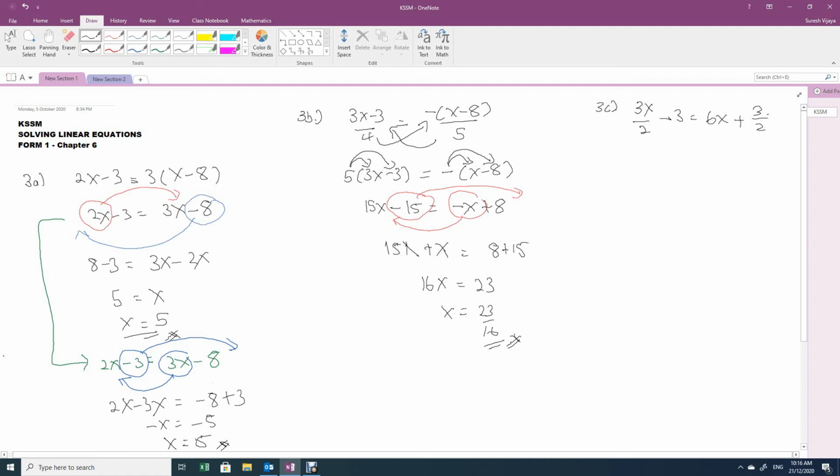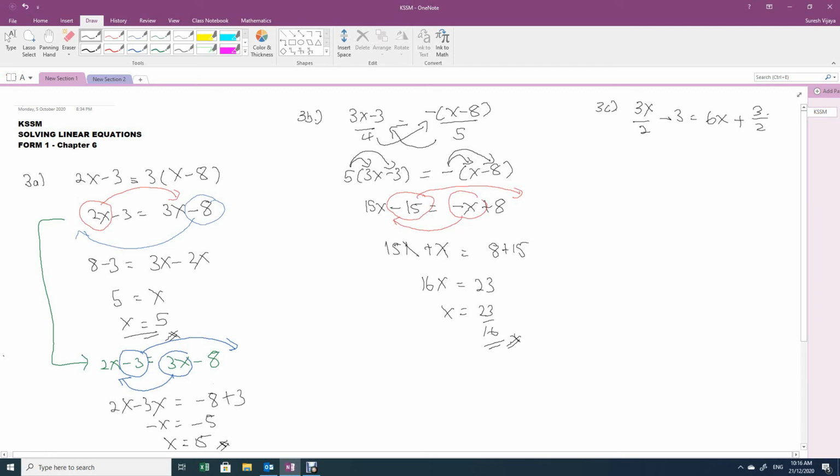there are two ways of doing this. First, what we do is we move all the variables to the same side, and those solely numbers to the right hand side. So we write it as such.